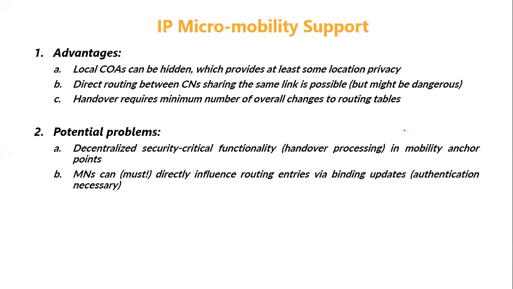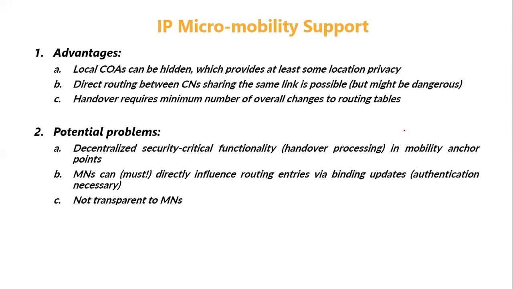It means we are believing the mobility anchor point, so there also some risk is involved. And it is not transparent to mobile nodes. So this is about IP micro mobility support, right?